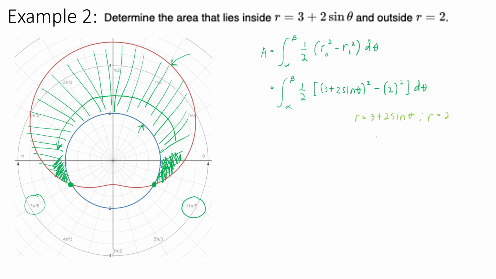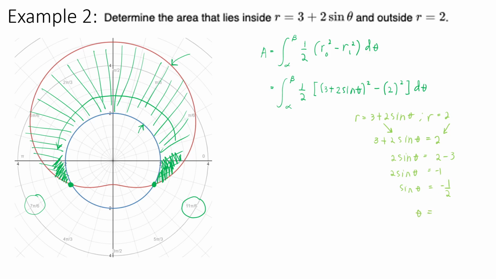So equating the two equations, this becomes 3 plus 2 sine theta equals 2, di ba? So puro na siya r. And then isolating your sine function, 2 sine theta equals 2 minus 3. Then 2 sine theta equals negative 1, so sine theta equals negative 1/2.